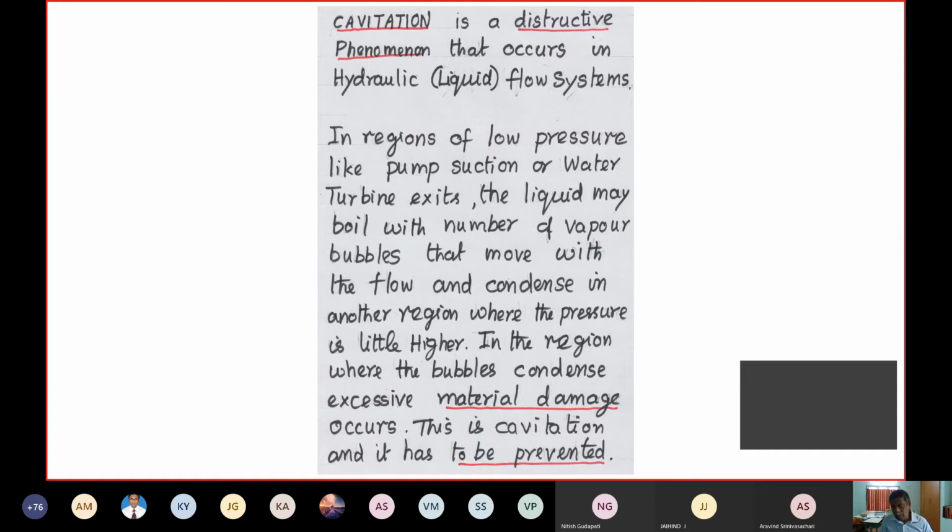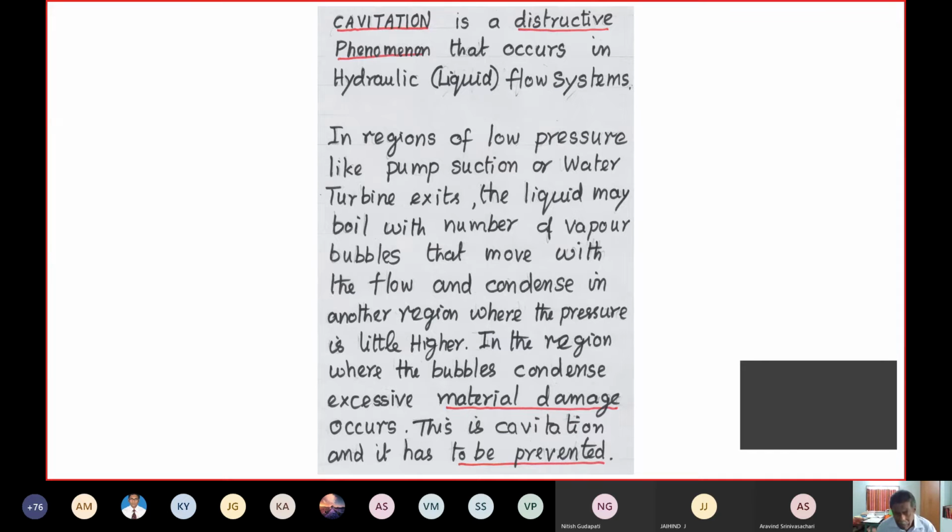Implode is actually the opposite of explode. So high pressure, small pockets explode, whereas these low pressure bubbles, they implode, they collapse. Okay, that is what I put as condense. So small bubbles and the micro movement, I don't know what happens.